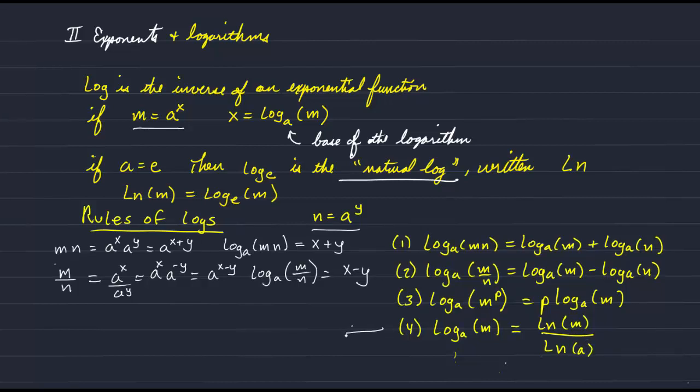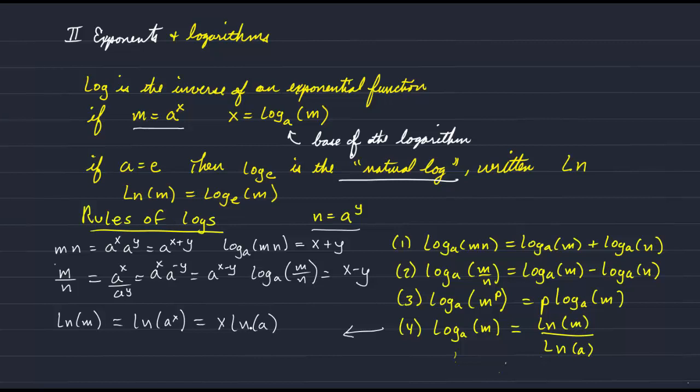So let's look at this one. We're going to take the natural log of m, and we know that the natural log of m is equal to the natural log of a to the x, and by rule 3, that's equal to x times the natural log of a, right?